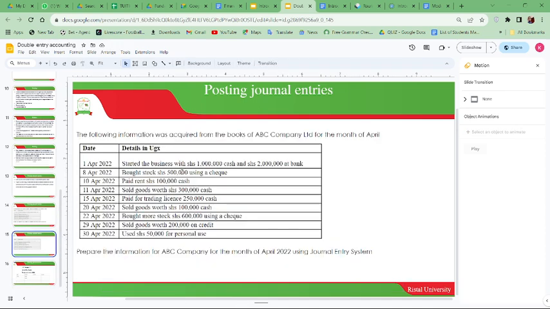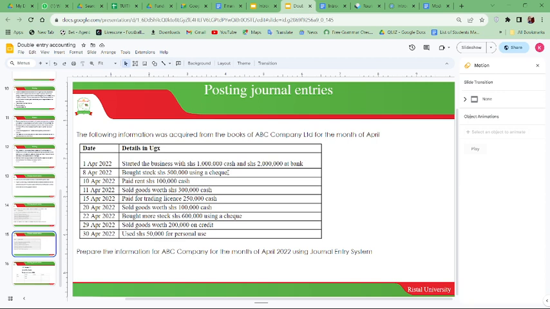We come back to our question. Bought stock of 500,000 using a check. So you bought goods. It means here your stock is receiving, and then the bank is reducing.